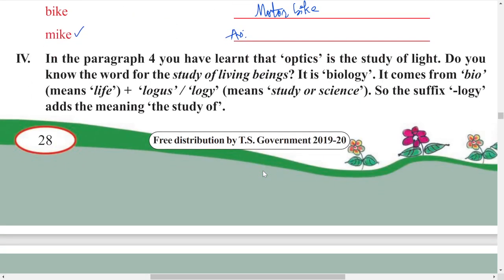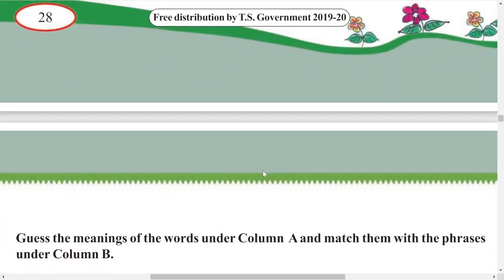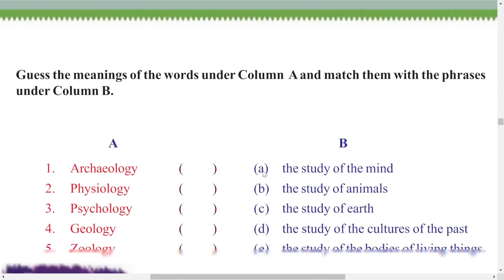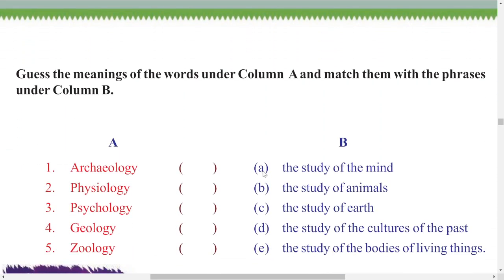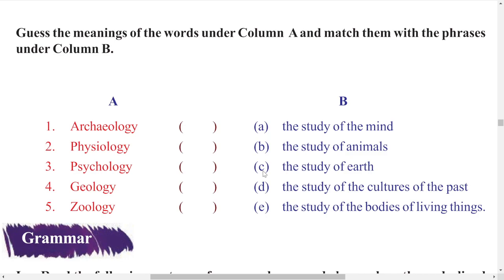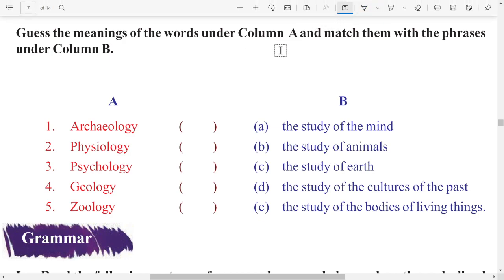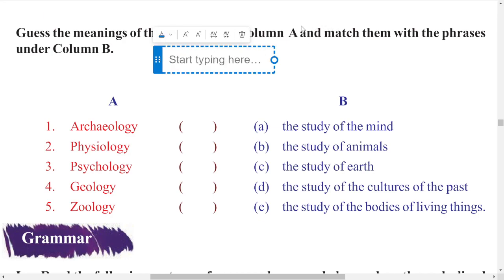Next, let us look at this fourth exercise here. Guess the meaning of the underlined words in column A and match them with the phrases in column B. These are one word substitutions. Okay, this is another important one.